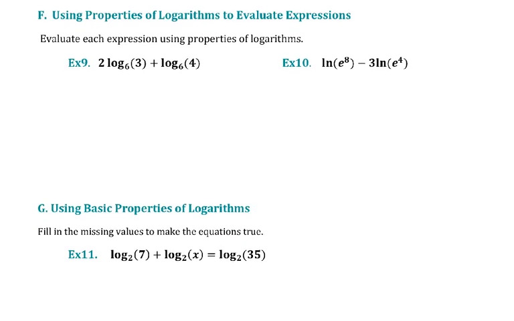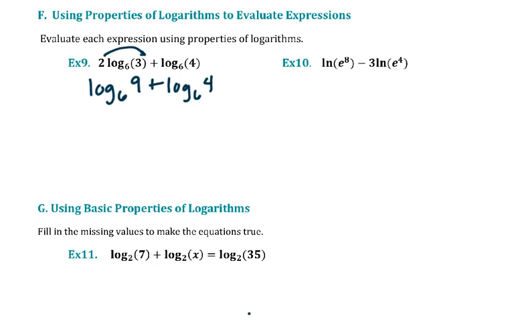So we have a couple more examples before we move on to solving. We can use properties of logarithms to evaluate expressions. So in this case, I can condense this and make this easy for me to deal with. So the power, this is the same as log base 6 of 3 squared. That becomes 3 squared, which is 9, plus log base 6 of 4.